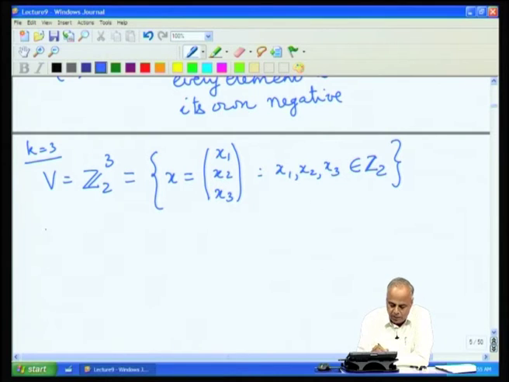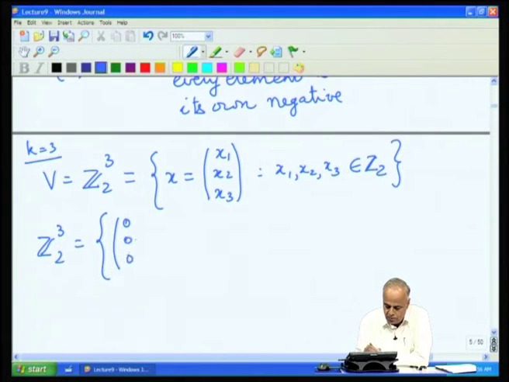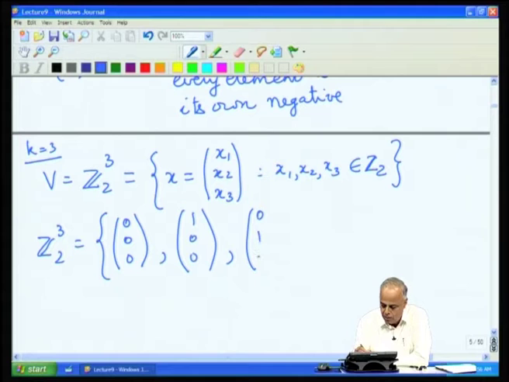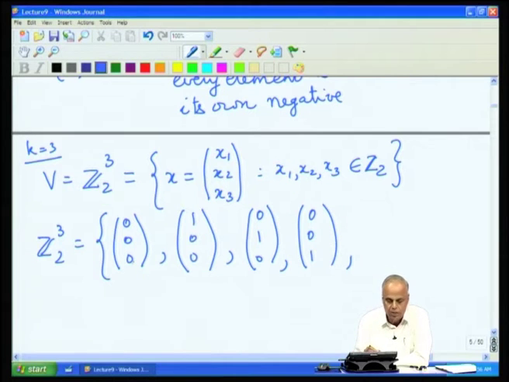What are these 8 vectors? Actually, Z 2 cube consists of these following vectors: 0 0 0; 1 0 0, 0 1 0, 0 0 1. Now, this is all zeros, and these 3 have only one 1 and the remaining 2 zeros.